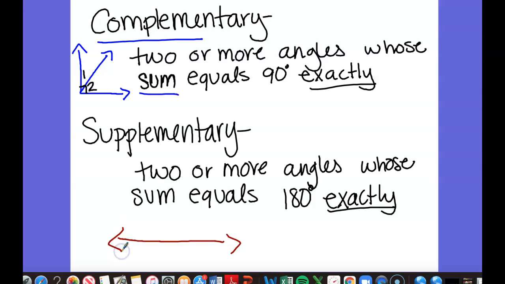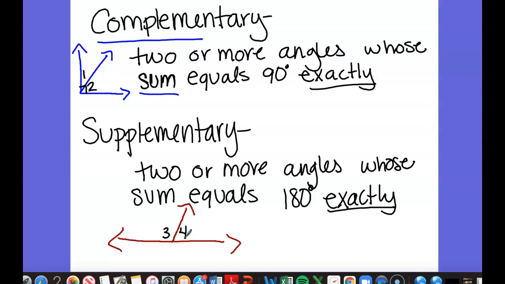Down here, if we draw in some supplementary, so again, draw a straight line, and then you can just draw in a ray extending from that line. And angle 3 and angle 4 are supplementary angles because when you add them together, they create a straight line, which is 180 degrees exactly. So those are some pictures of complementary and supplementary angles.